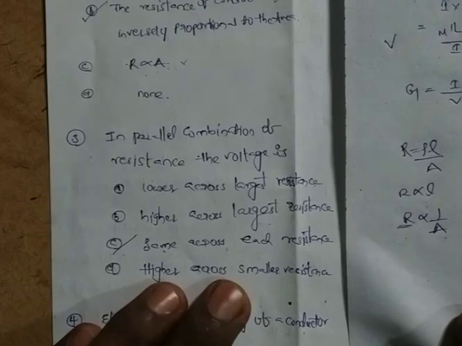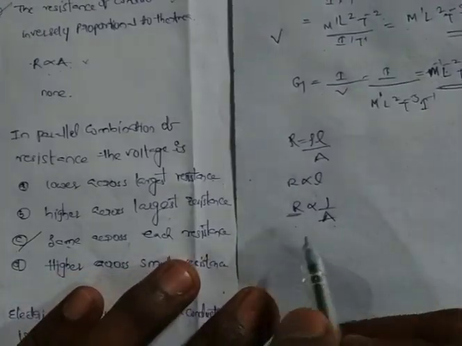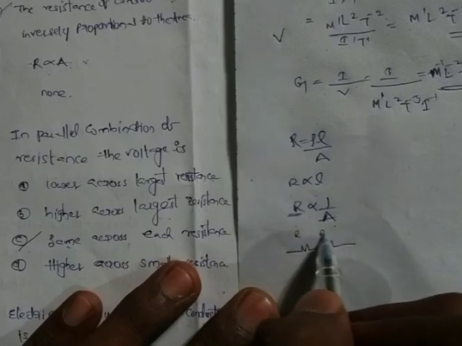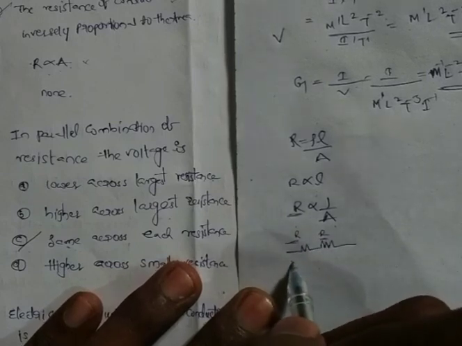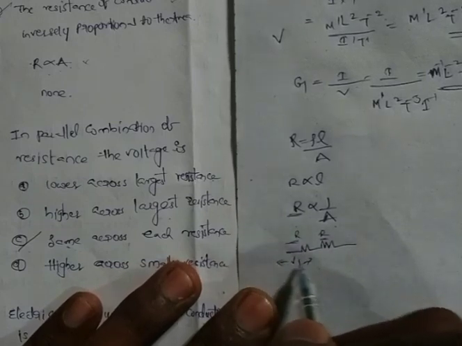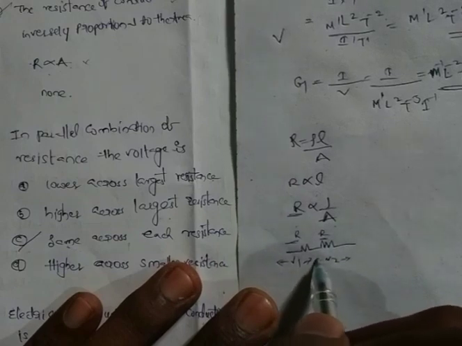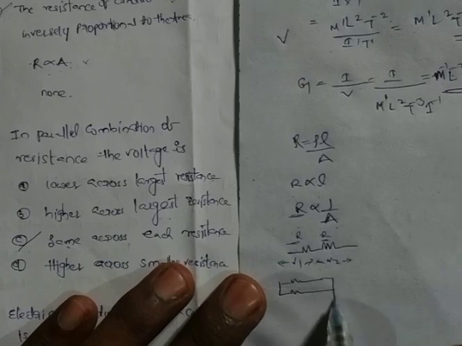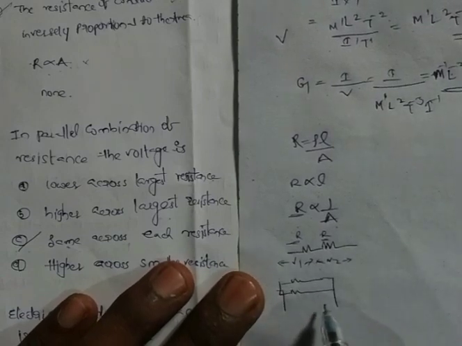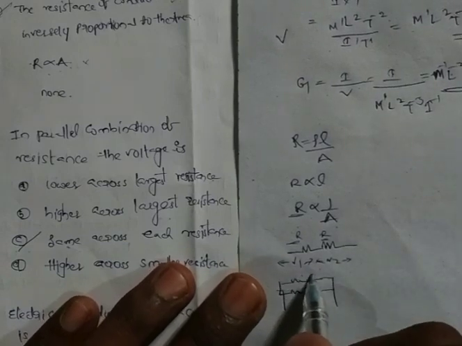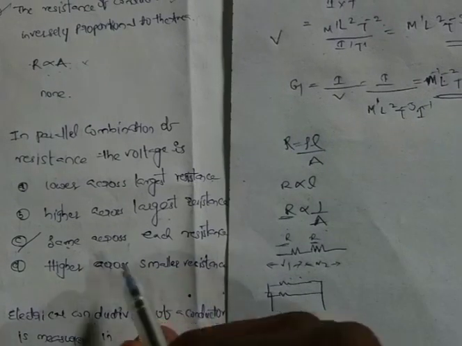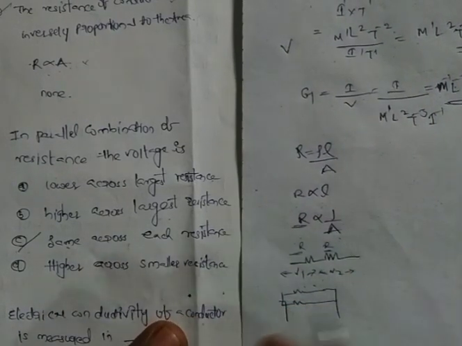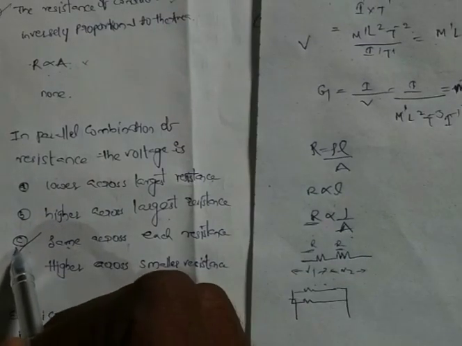In a series combination, the voltage drop across each resistor depends upon the value of resistance, here V1, here V2. But in a parallel combination, the voltage is the same across each resistor, independent of the value of resistance. So option C, same across each resistance, is correct.